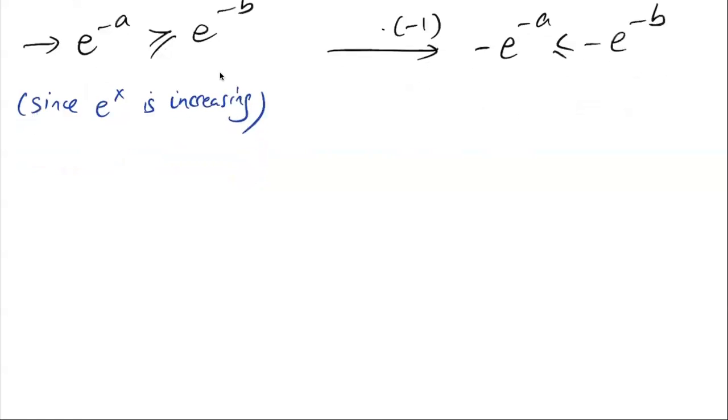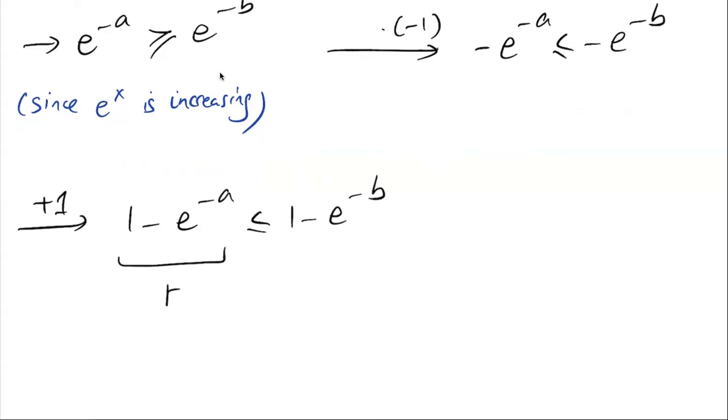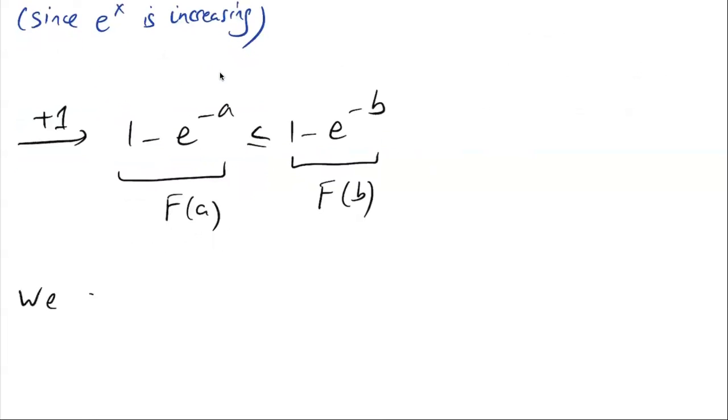And if I add 1 to both sides, I'll get 1 minus e to power minus a less than or equal to 1 minus e to power minus b. And this is my capital F of a. This is my capital F of b. So we showed capital F of a less than or equal to capital F of b in this case.